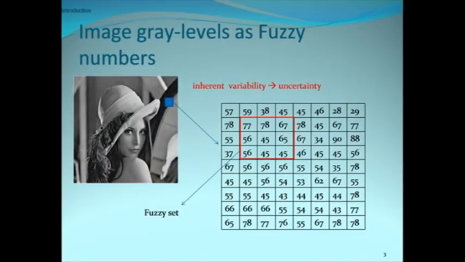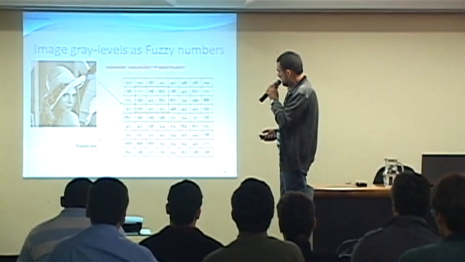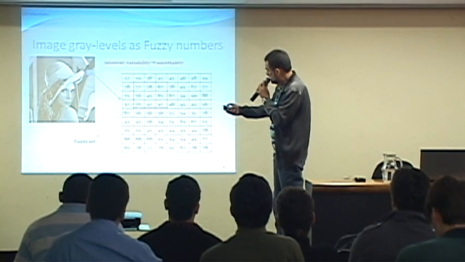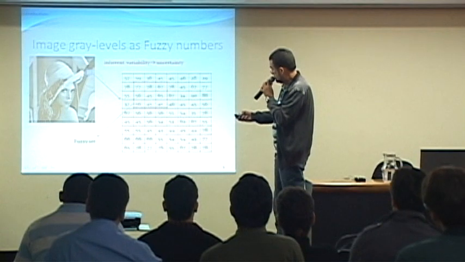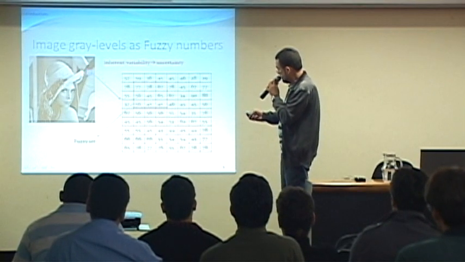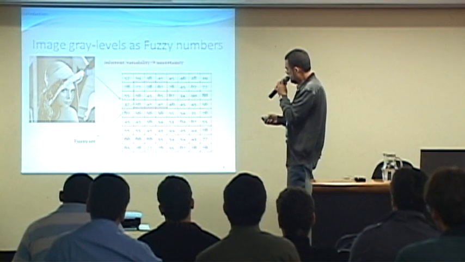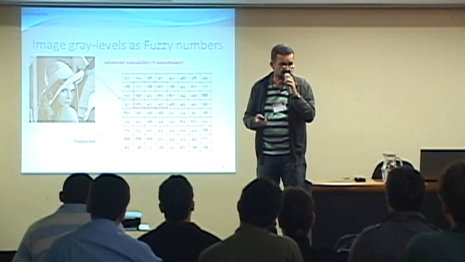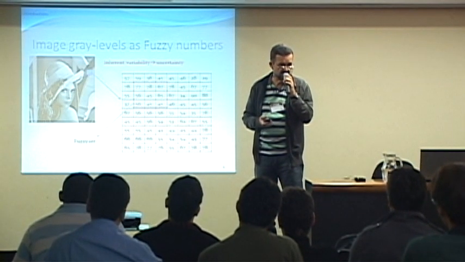Looking at this neighborhood, the central pixel of this neighborhood has a value, but we don't know the right value due to the noise, due to the image acquisition processing.